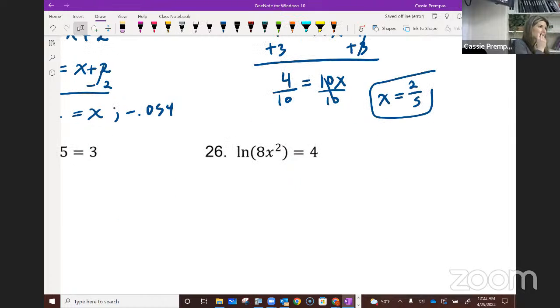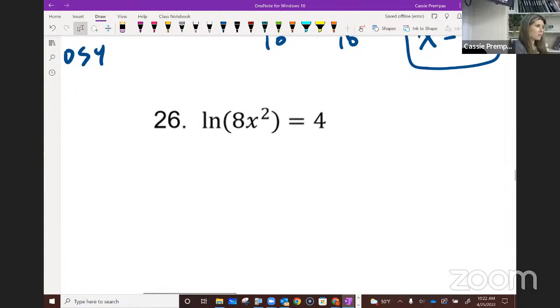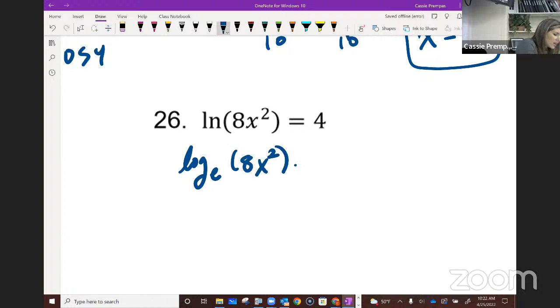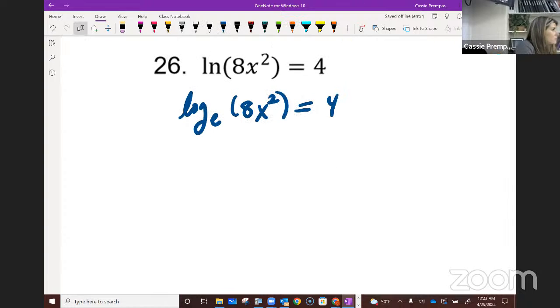Go to 26. Just because of time's sake, we might come back to 25. Good. ln is the same as log base e. Here, I definitely want to switch it so that I can solve this through. Now, what would be my next step?